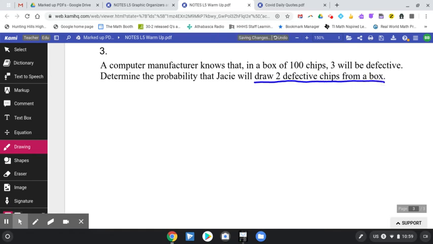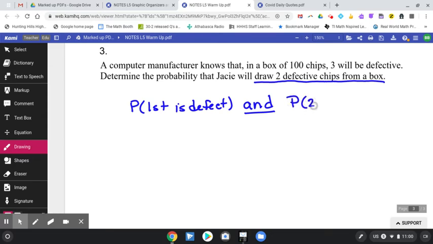She's going to draw these 2 chips, but we have to break it up into separate events because each event is going to have a fraction set up for it. So we'd be looking at probability that the first chip is defective and probability that the second chip is defective.